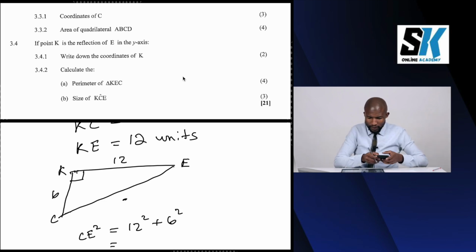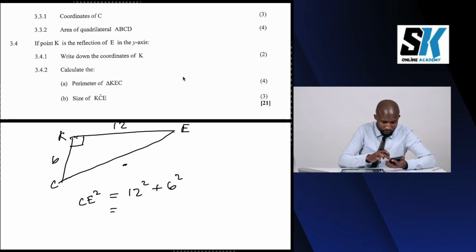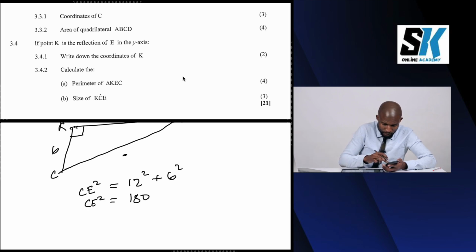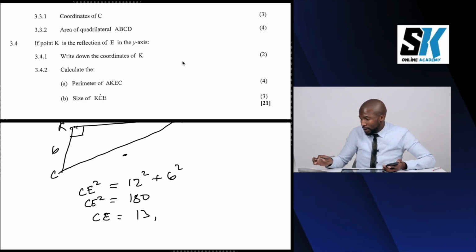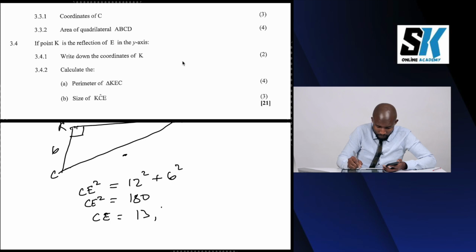So let's try to find that. 12 squared plus 6 squared will be 180. So CE squared is 180, but we're looking for CE. When we root the value of 180, we're going to get 13.42. So that would be the value of CE.